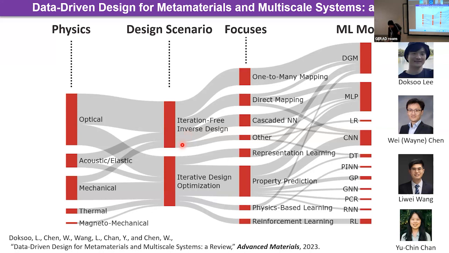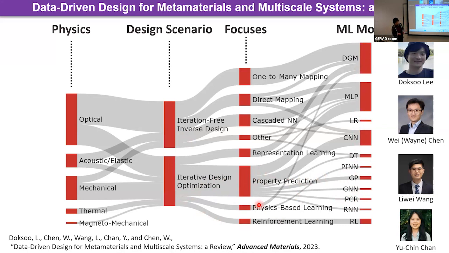Some other methods fall into iterative design optimization, even though they use machine learning. The last column is the machine learning technique. Some of those methods still need an iterative algorithm after you build the machine learning model, but some can do iteration-free inverse design.